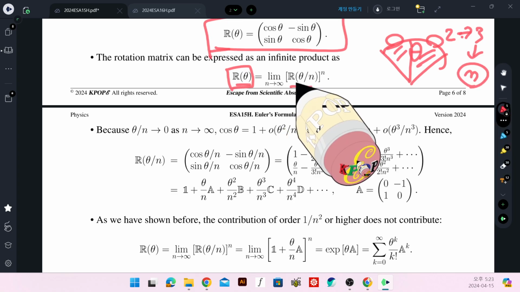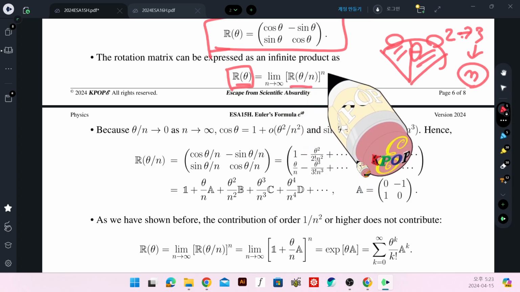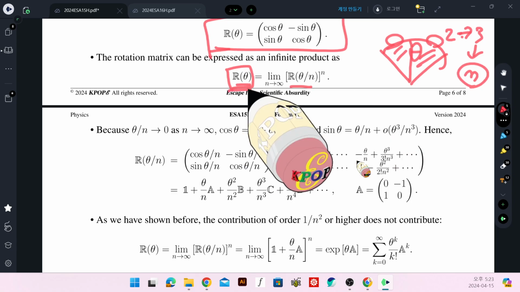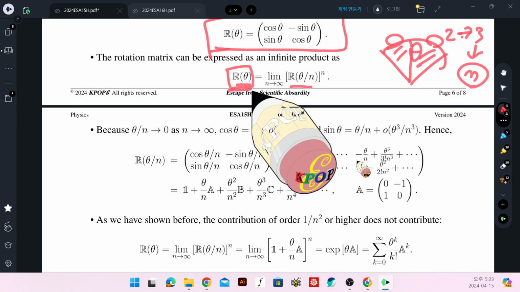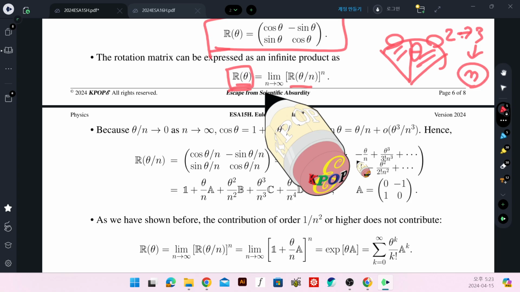So R of theta over n, repeated rotation n times, is identical to the rotation matrix for the finite angle theta. And we can increase this n arbitrarily large.